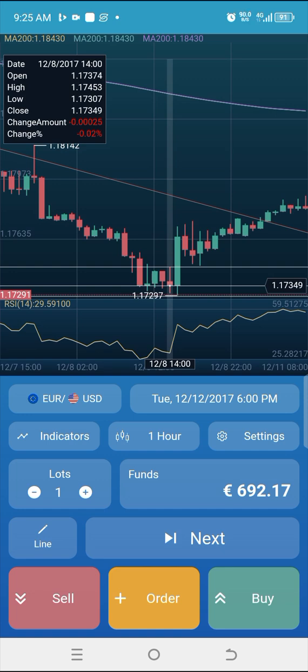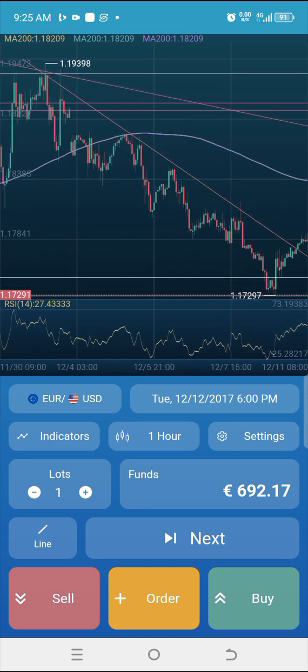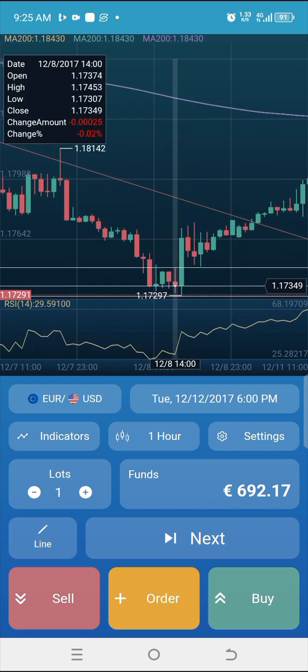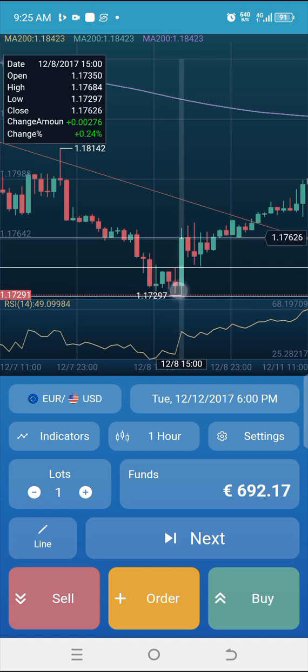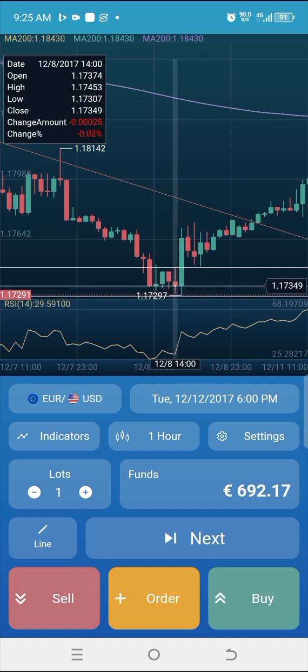We look at the RSI if this counter trend is going downwards and the daily is going upwards. We look for an RSI that is able to cause a break in this trend line. I call it a counter trend line because our daily is going up. So it's 29 currently.